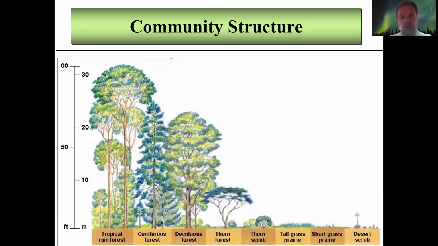Community structure varies quite a bit between different biomes, ecosystems. Tropical rainforests have high diversity, especially of plants, because they have lots of layers, vertical structure. There's very little vertical structure in prairies, and so they tend to be very simple and often do not have high diversity.